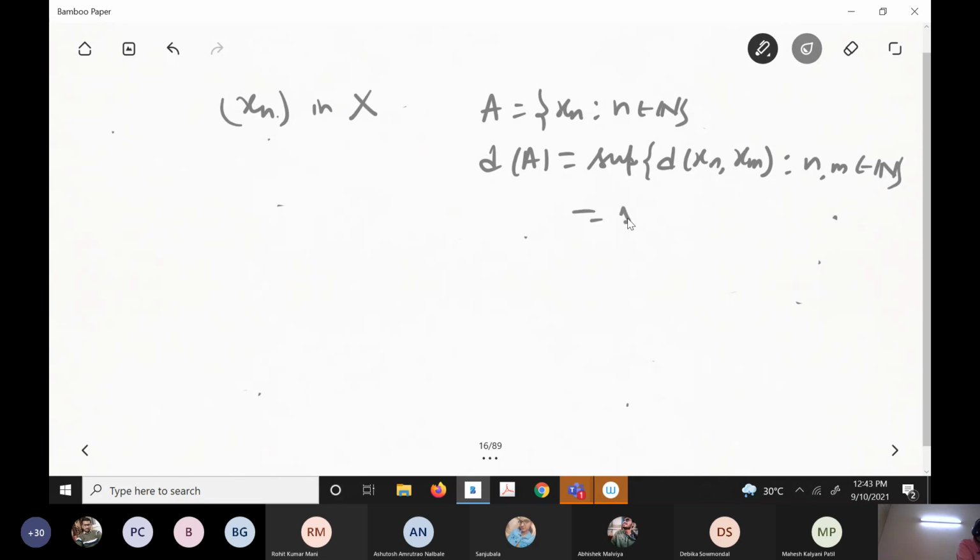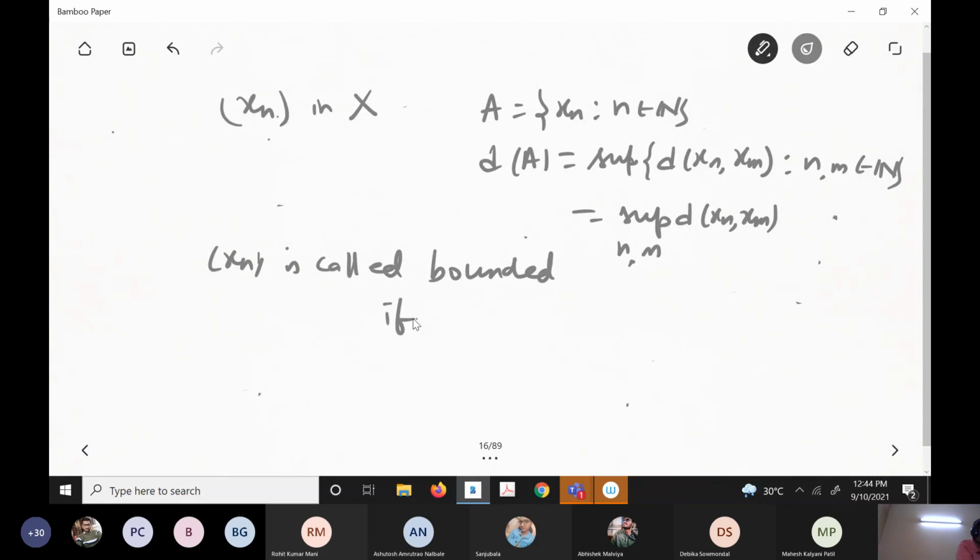Or you can write it this way simply, over all n, m. So the sequence x_n is called bounded if this diameter dA is finite.